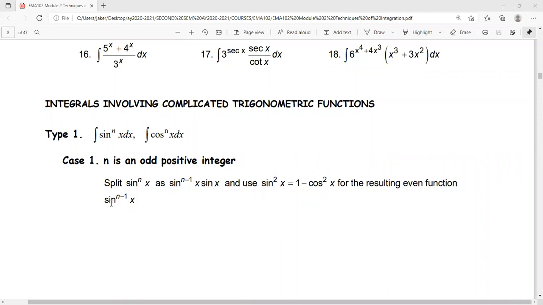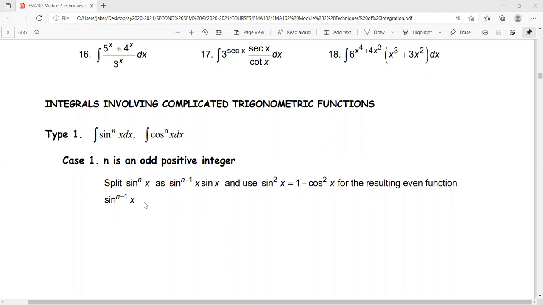Now, let's look into case 1. How do you deal with an integral having a sine or cosine raised to a positive odd exponent? The suggestion here is you split your sine or your cosine. You set aside one sine or one cosine, and the other part is, of course, raised to an even exponent.